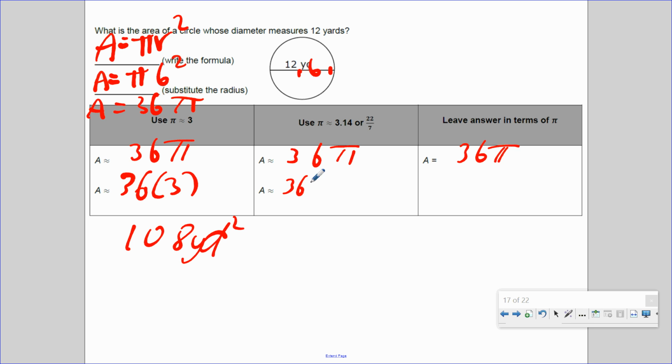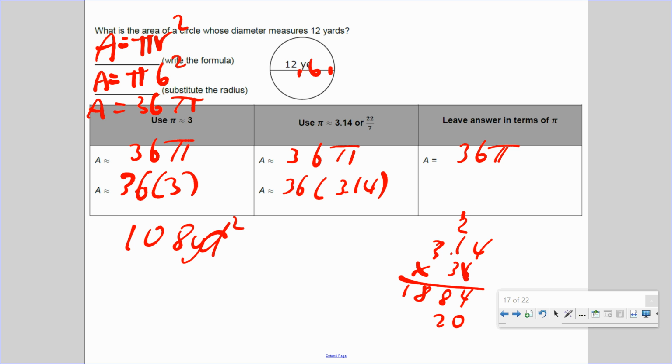What if I would like to substitute pi with 3.14? If I multiply 3.14 times 36, that's 6 times 4 is 24, carry the 2. 6 times 1 is 6 plus 2 is 8. 6 times 3 is 18. Placeholder, 3 times 4 is 12, carry the 1. 3 times 1 is 3 plus 1 is 4. 3 times 3 is 9.